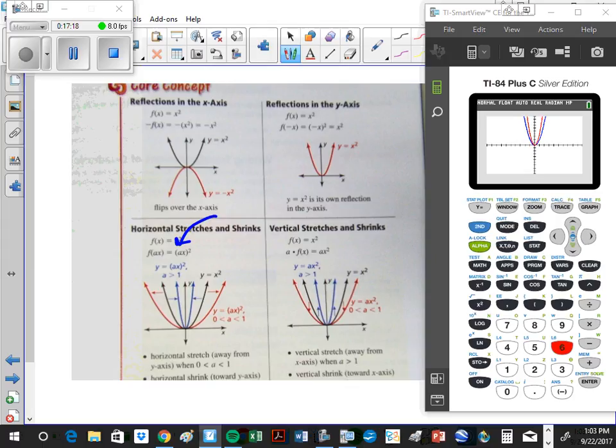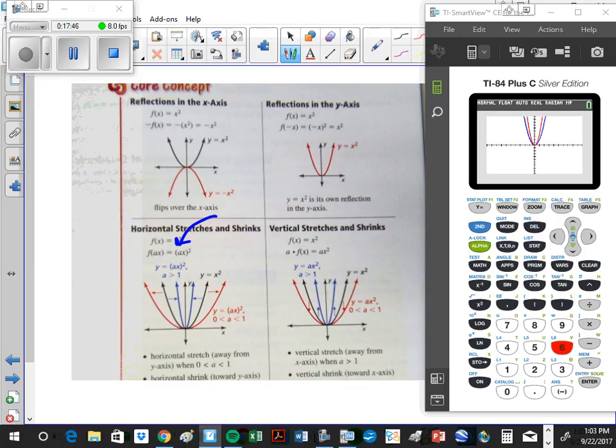What number could I multiply on the inside to make it thinner? Anything greater than 1. 1.5, 2, 3, 8, 95. As long as you multiply by a number bigger than 1, it's going to get thinner. How do I make it wider? You multiply by a fraction, and when we say fraction, we mean a number less than 1. Right? 5 over 4 is a fraction, but it's not less than 1. So we just mean a number less than 1.